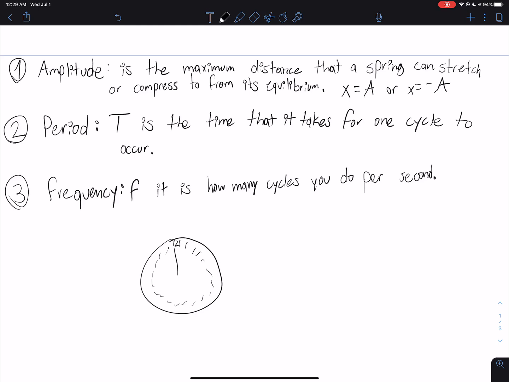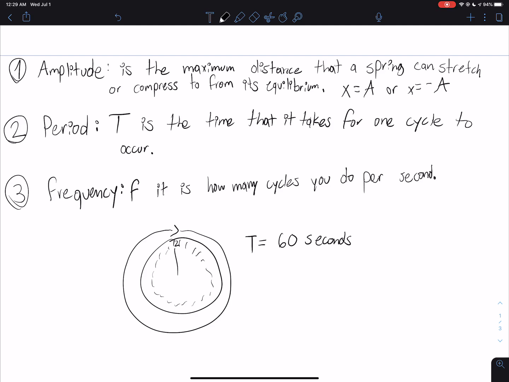We agreed that the period is equal to 60 seconds. And why is that? It's because one cycle is when it goes around the entire time and back to where it started. Now, frequency is how many cycles you do per second.